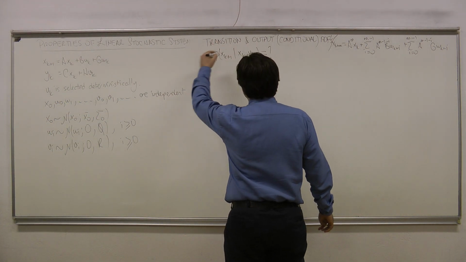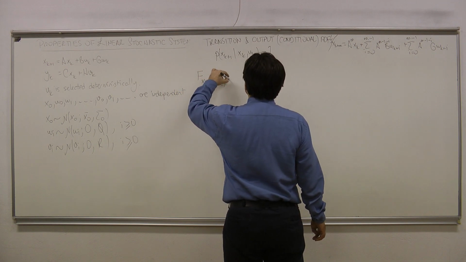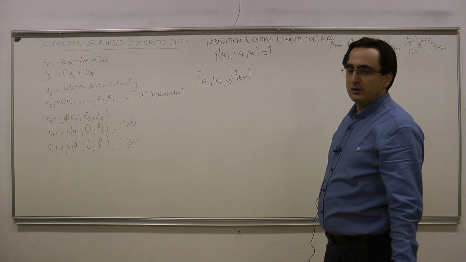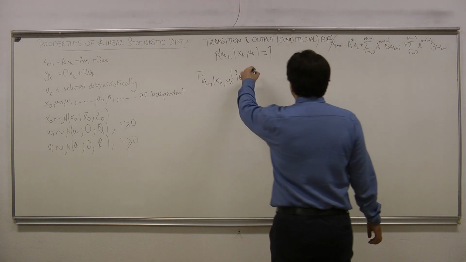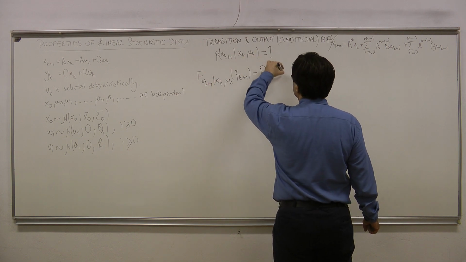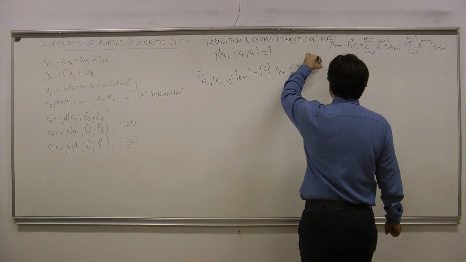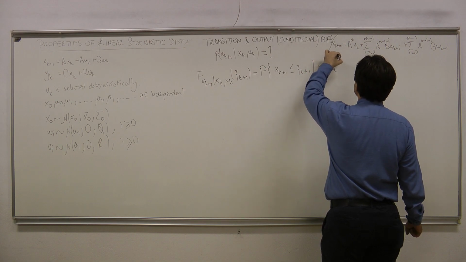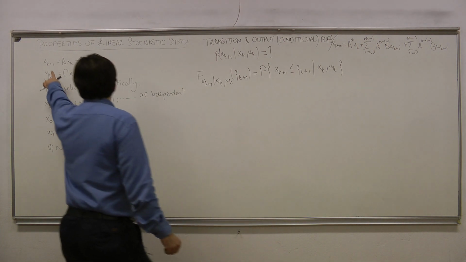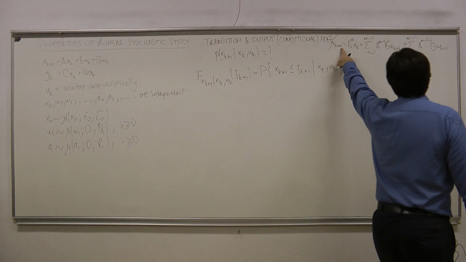So here, in order to calculate this PDF, I need F of x_{k+1} given x_k, u_k evaluated at psi_{k+1}. This is the cumulative distribution function, and by definition it equals the probability that x_{k+1} is smaller than or equal to psi_{k+1} given x_k, u_k. Okay? We know the recursion for x_{k+1}, or you can substitute here m equals 1.